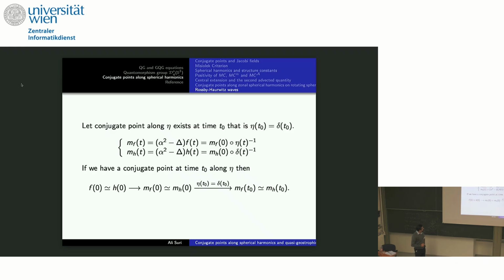So if h is a perturbation of f, then the vorticity is the same for f and h at time 0. Since t0 is a conjugate point, we have this equality, and we have the same potential vorticity at time t0. What does it mean?